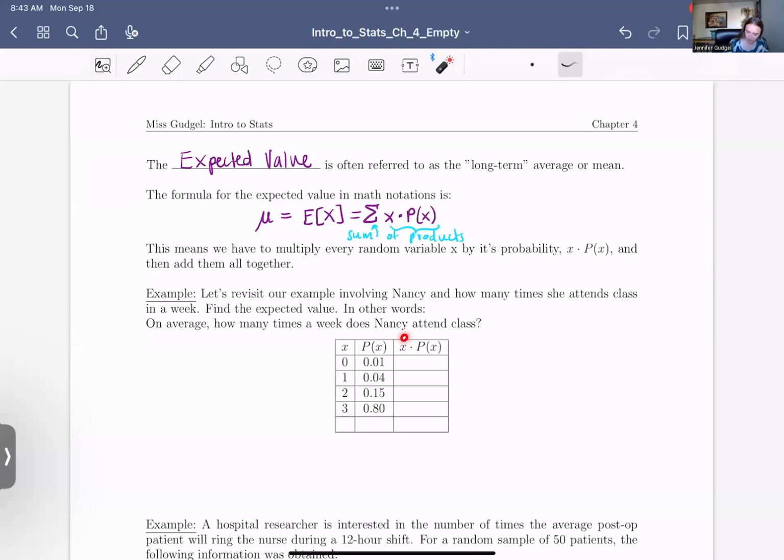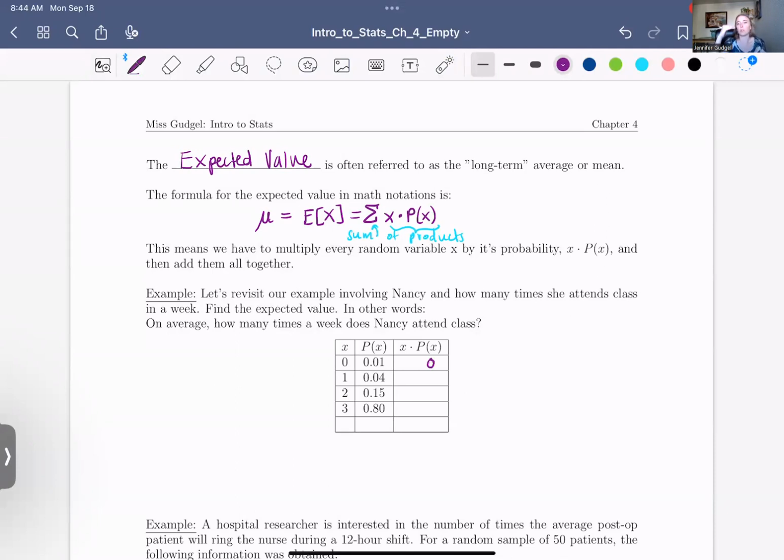Here, x times p of x is going to be 0 times 0.01. The probability of x being 0 is 0.01. We multiply those together, and that goes across our chart in this column.